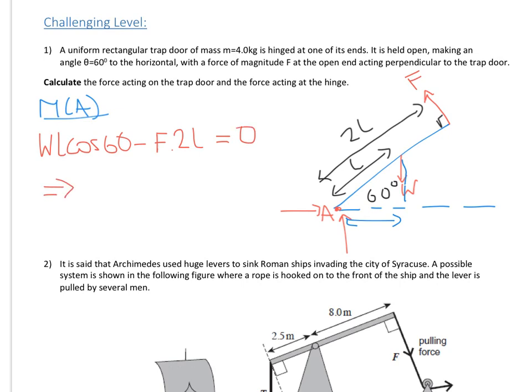And we can rearrange that to find F. So it's going to be WL cos 60 divided by 2L. So you can see it doesn't matter what length we picked, because it gets cancelled out anyway. So the weight force is 4 times 9.81 times cosine of 60 divided by 2, giving us a total force here of 9.8 newtons.